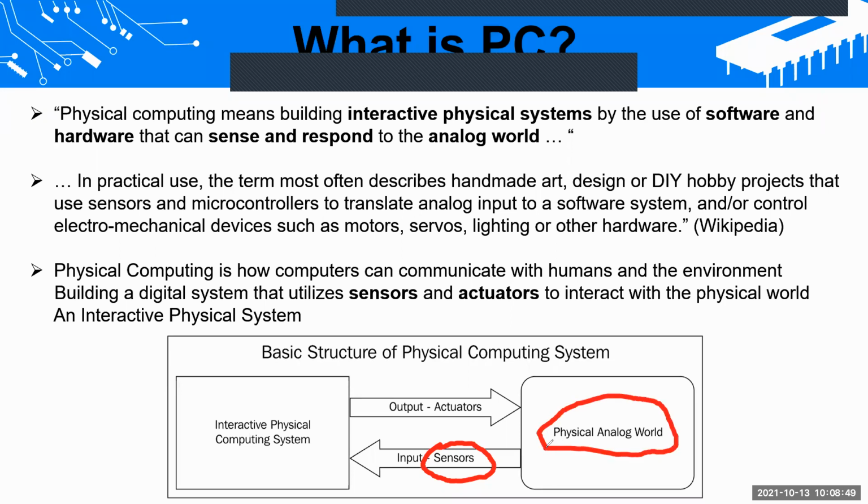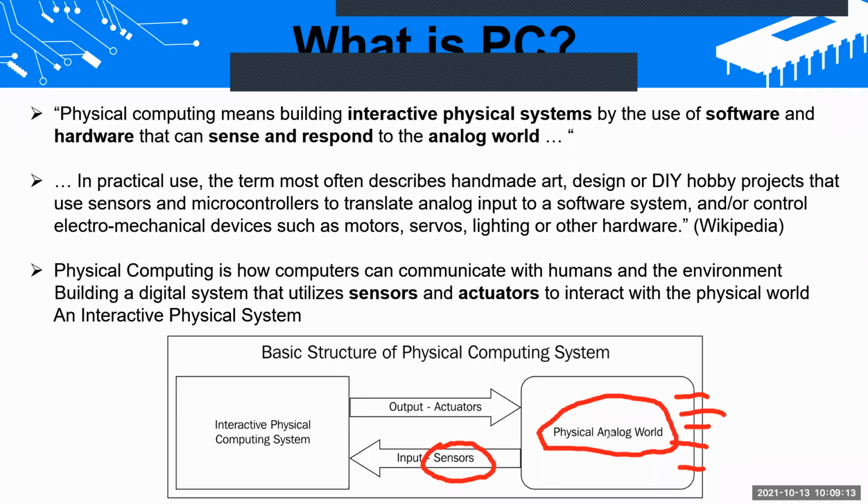This is the reality, and we're going to deal with reality, right? It can be temperatures, humidity levels, light intensity, obstacles, anything, and ourselves, right? We're going to sense the physical world.